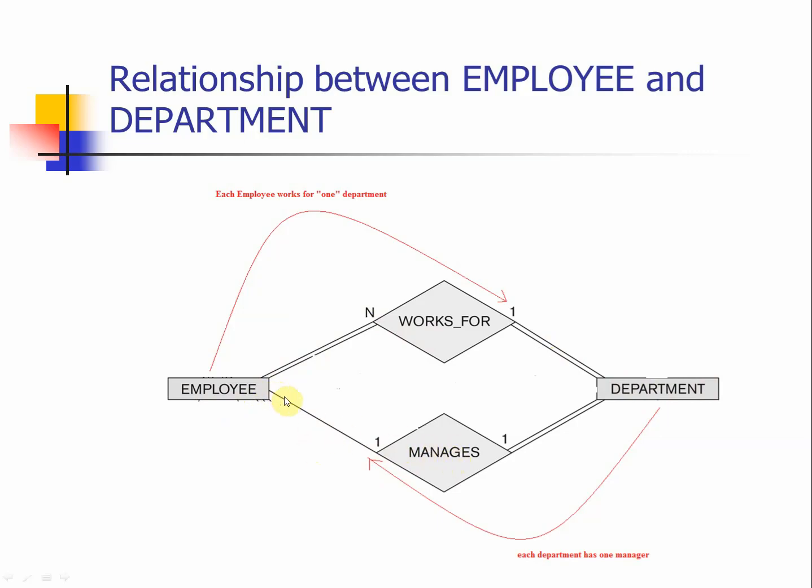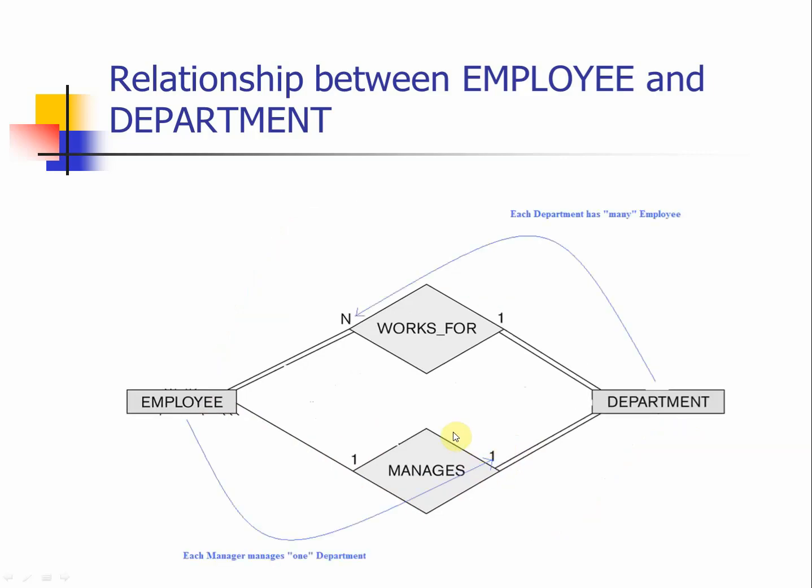To describe the whole thing, the manager may manage one department. So this still stands: if that employee is a manager, he manages only one department. This is the combination of the two constraints that we put together. This is exactly what I said: each manager manages one department if he participates in this relationship, but not everyone participates.